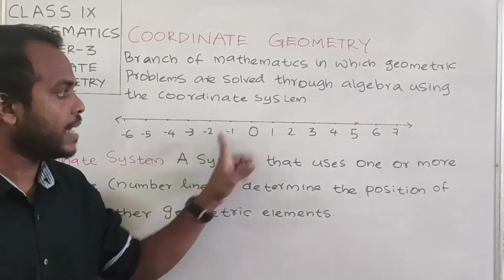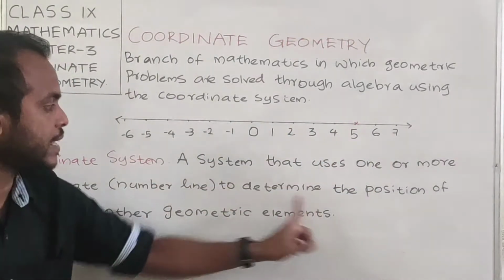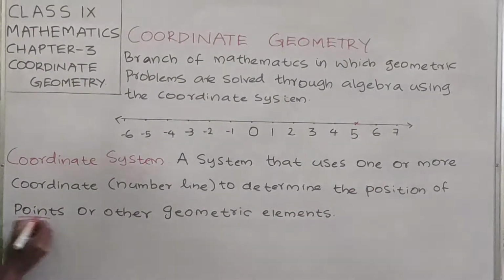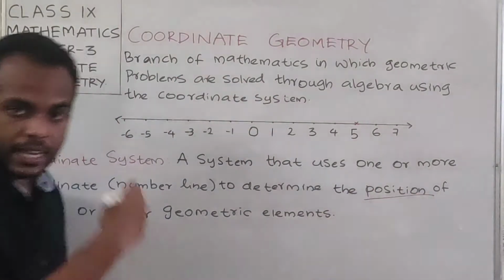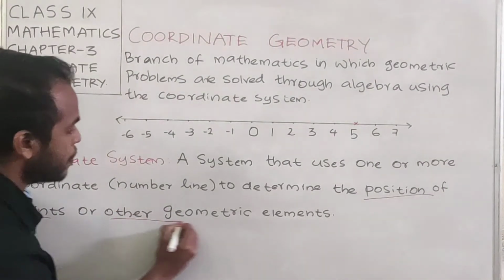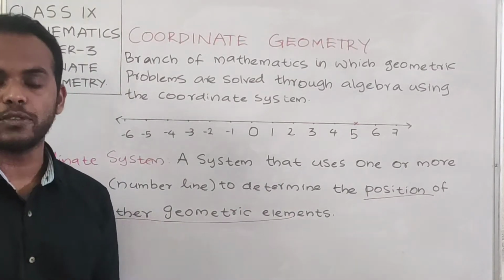The basic thing is that we can mark the points in the number line, that is specifically said to determine the position of points. This is what we have done now. Now in the next session, we will be able to determine the position of other geometric elements. So let's move on to that.